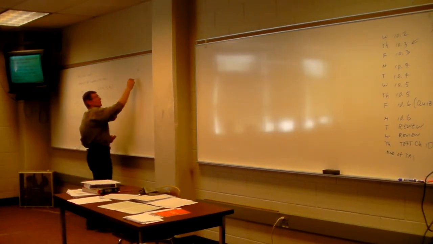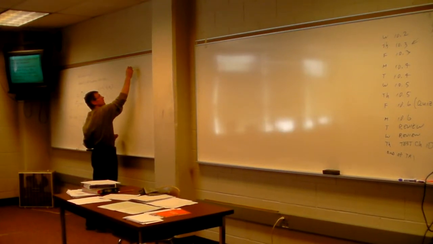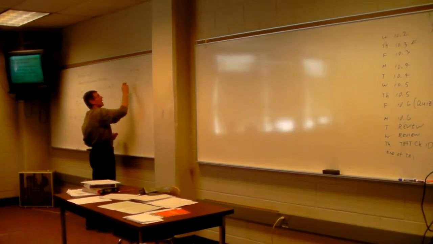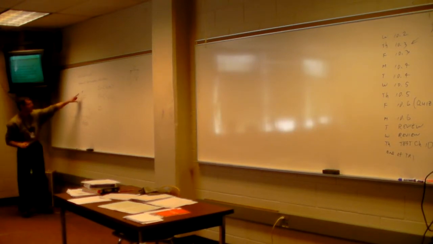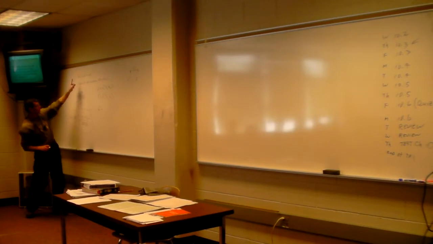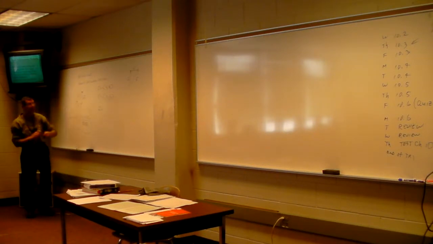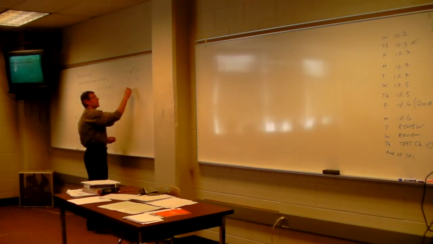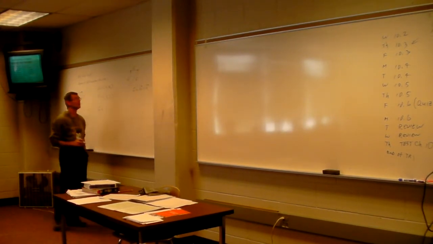So this is U, and then we make a negative V, and the result gives you W. You with me on that? W is obtained by taking U and subtracting V, which produces a vector W. Does that make sense? So W is the vector U minus the vector V.